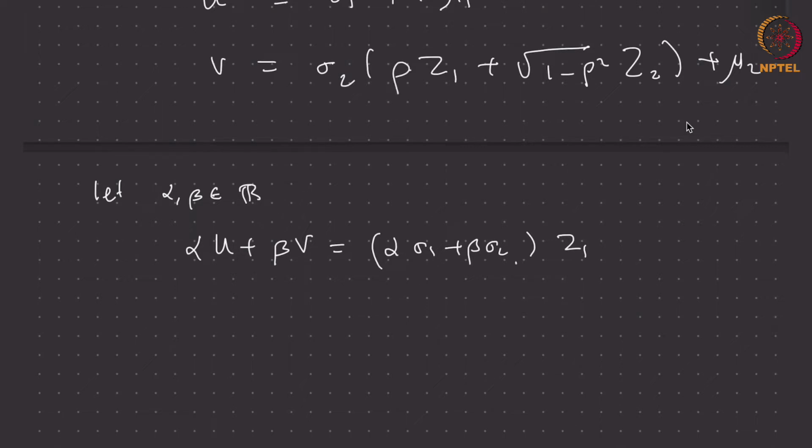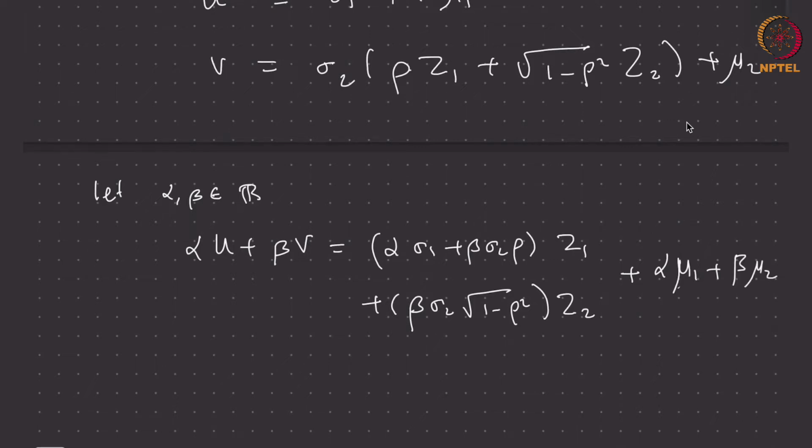Plus, what is Z2 now? Z2 will be beta times sigma 2 times square root of 1 minus rho squared, the whole thing times Z2. And I'll have some constant terms: alpha times mu 1 plus beta times mu 2.